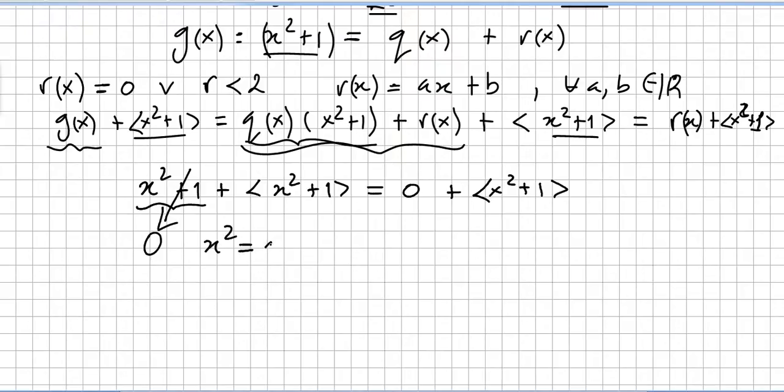Or if you prefer, think this way. I can give a quick example here. For instance, x plus 3 plus the ideal, times 2x plus 5 plus the ideal.